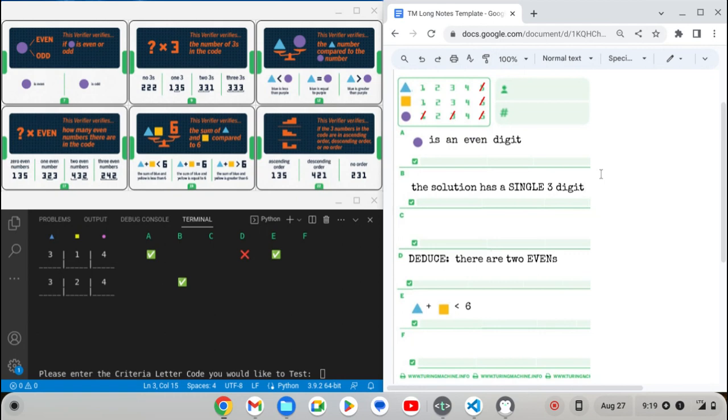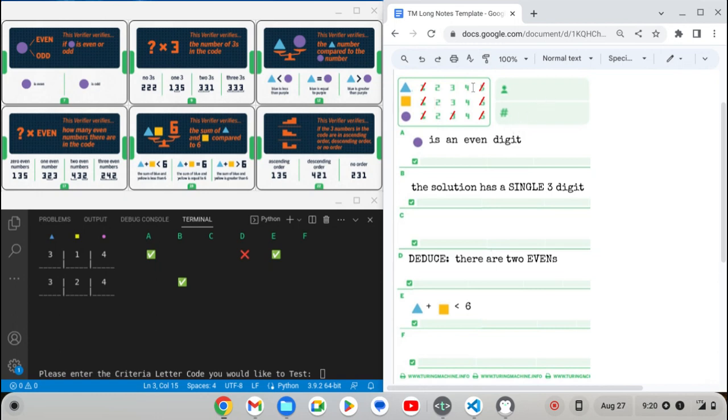And again, based on my previous deductions, I'm saying that there should be only 1 odd. So I'm going to cross out the 1s. So there is no 1 for either triangle or square.